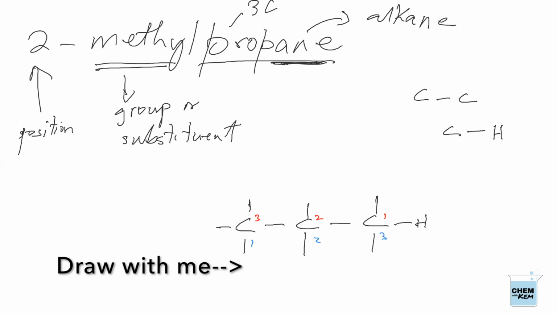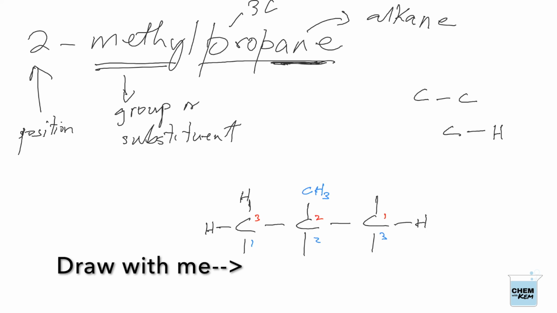Either side you count from, the one in the middle is 2. So on the one in the middle, we have a methyl group. So we'd put CH3. And then we dress up the others with hydrogen.